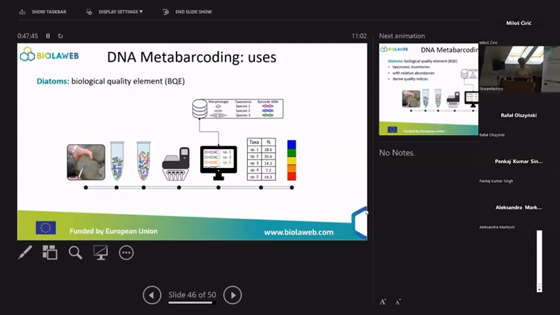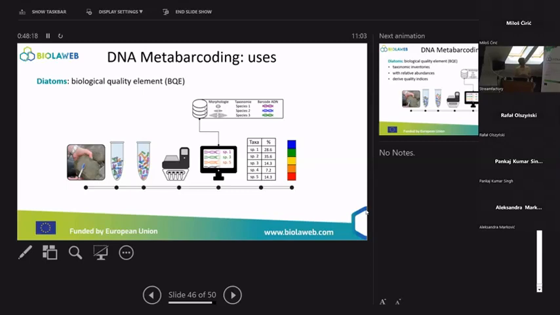So, for example, here for the diatoms, which are among the biological quality elements that are required for the Water Framework Directive, WFD, in Europe. You can sample from the biofilms, you will extract your DNA, you will amplify the barcodes that you are interested in, and you sequence this mix of different amplicons, that is the barcodes that are amplified.